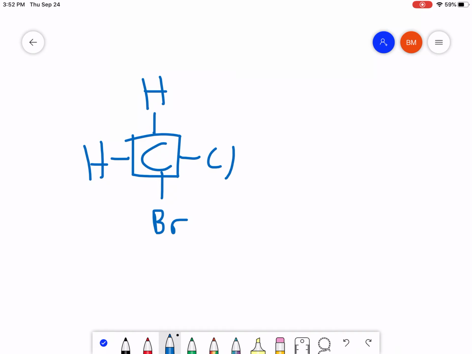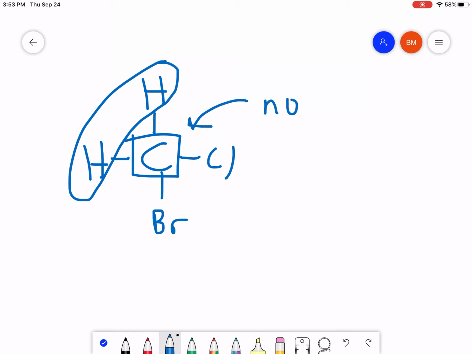So we have a Cl, we have a Br, we have an H, but then we have another H, right? These two are identical. Because they're identical, that means you do not have four different bonded atoms or groups of atoms, so that carbon is not stereogenic. I hate to separate the word, but I'm running out of space. Okay. Not stereogenic.